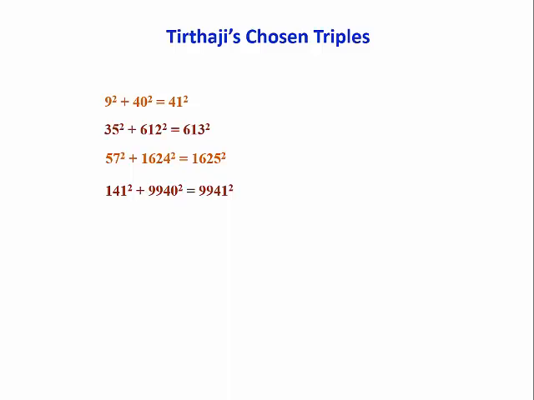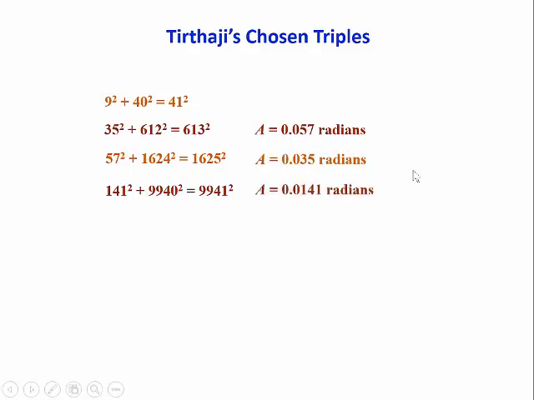Well, it's interesting, if you look at these particular triples, you can see why he might have used them. The angle in this triple is 0.057 radians. In this triple it's 0.035, and in this one it's 0.0141.